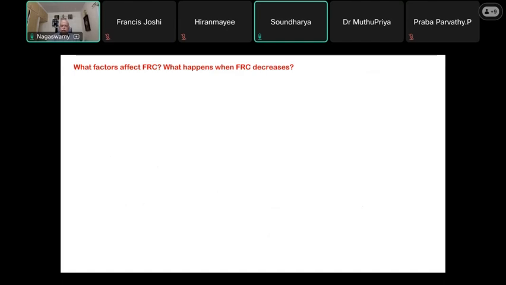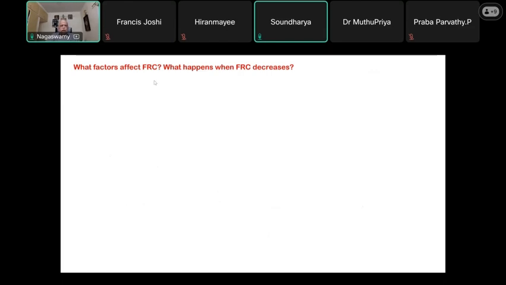Vital capacity is about 2 to 2.5 liters. That means tidal plus IRV plus ERV all put together is about vital capacity. And total capacity of the lung is roughly 5 liters, which you can remember like cardiac output, 5 liters.